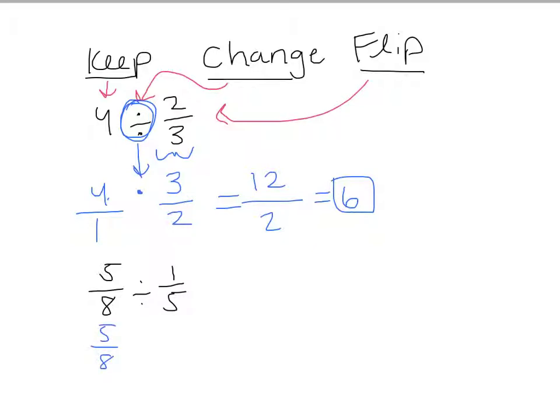So we're keeping the first fraction, changing the sign to multiplication, and flipping the second fraction into its multiplicative inverse. So keep, change, flip. Now we do 5 times 5, which is 25, divided by 8 times 1, which is 8. And unless it tells you otherwise, it's always okay to leave your answer as a simplified improper fraction.